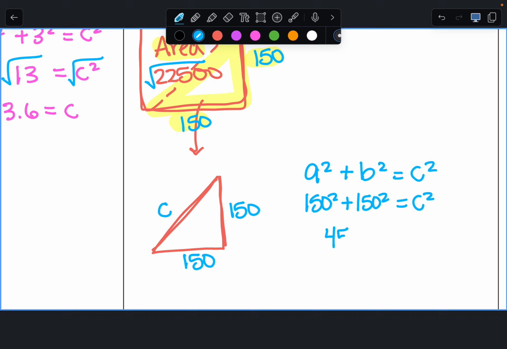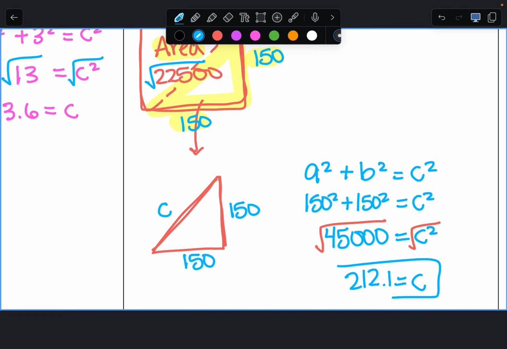Yeah, 45,000. And don't forget to square root. So the square root of 45,000 is about 212.1. That's ugly. Okay.